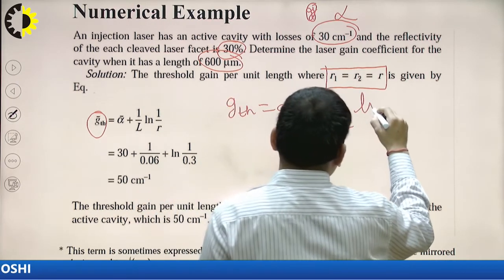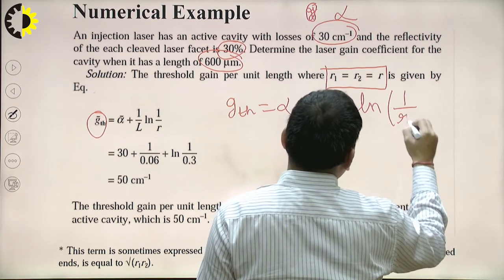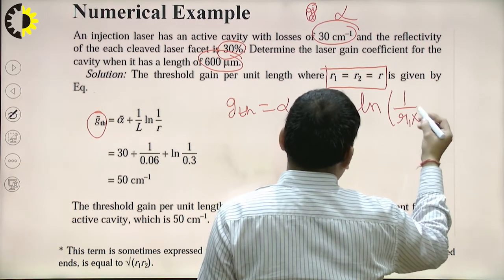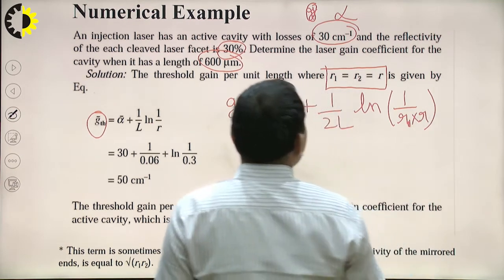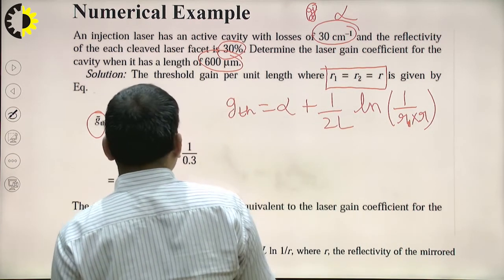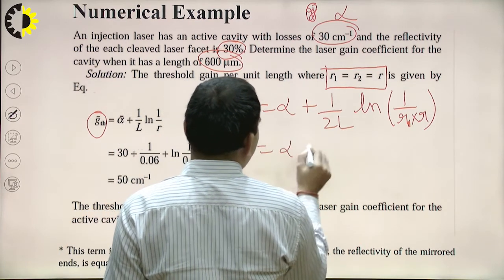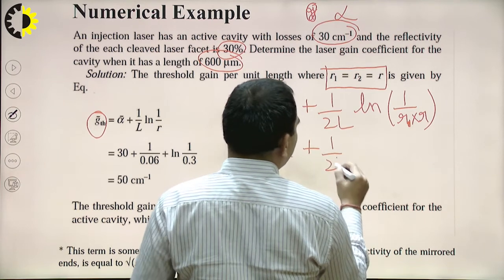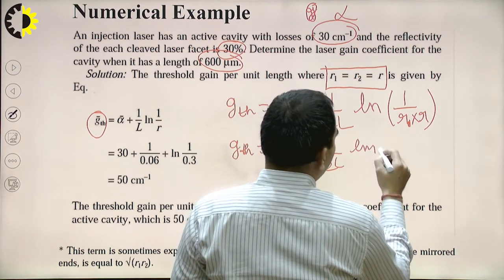If you substitute R1 equals R2, we have Gth equals alpha plus 1 by 2L ln of 1 by R into R, both are the same. So we have R square, so 1 by R square.